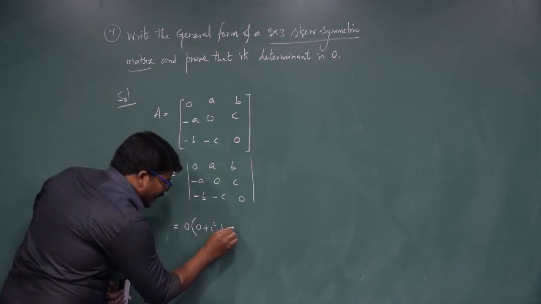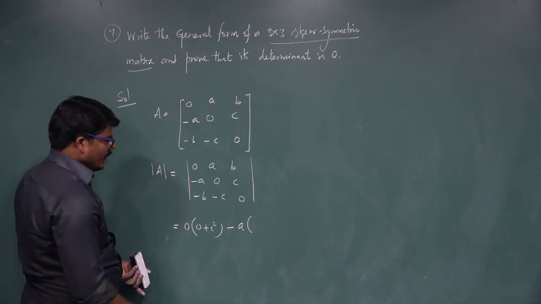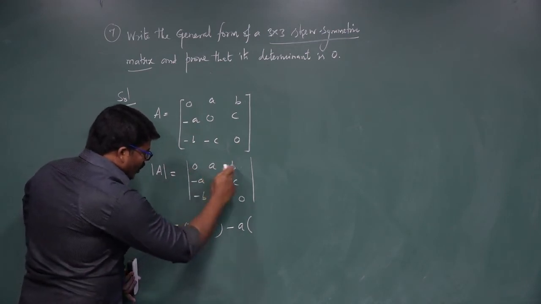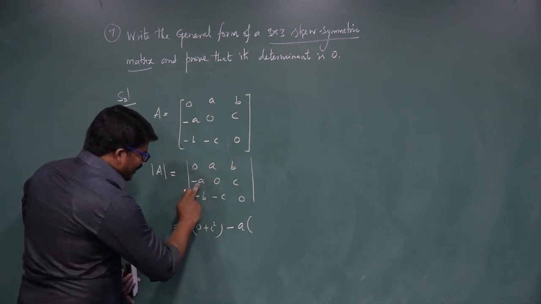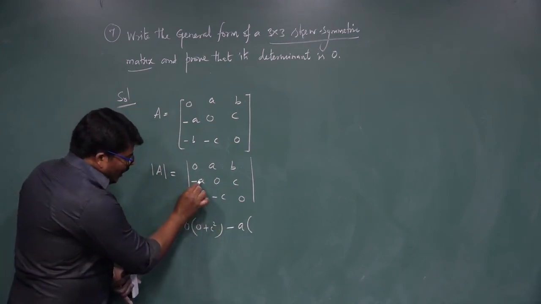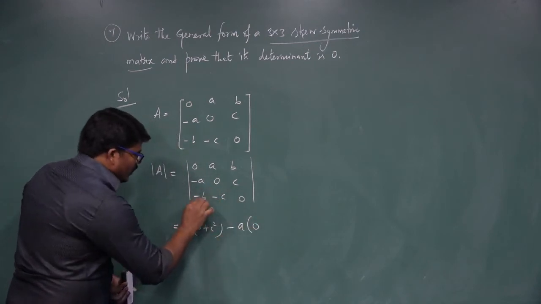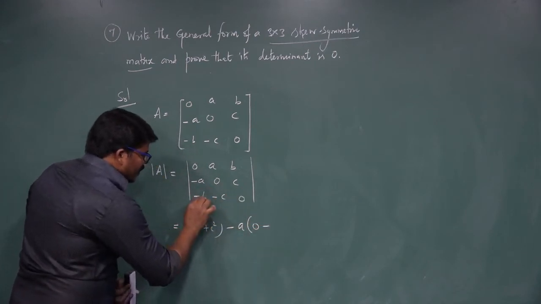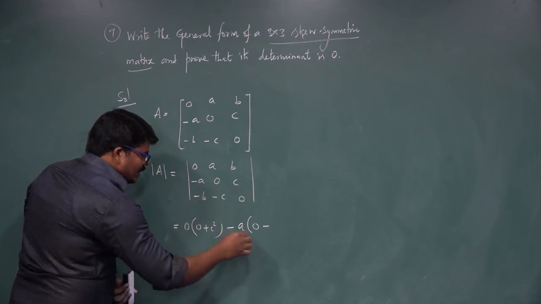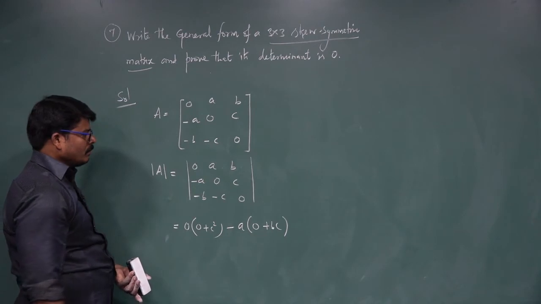The formula is minus A into the minor matrix, minus A, C, minus B, 0. Multiplying the leading diagonal, minus A into 0 is 0. Next, minus B into C, minus BC, and minus into minus is plus BC.